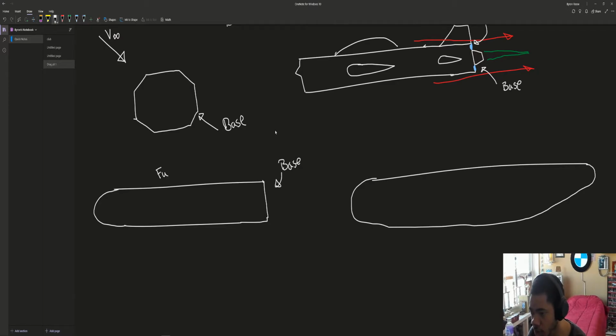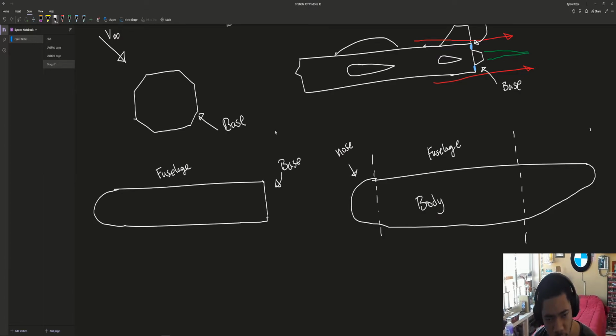This is a fuselage. And what you find is that the body is essentially an axis of revolution of a basic cylinder. Right? This is the nose. This is the body.